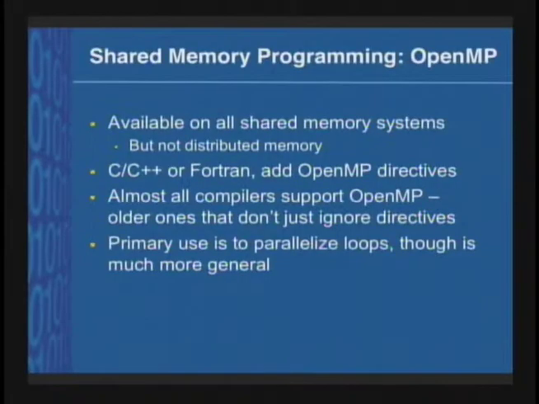Also, the primary use of OpenMP, which I'll show you in just a minute, is to do loops. Remember the picture about the parallelization and where the time is: the time is in loops or loops within loops. So that's what OpenMP concentrates on, because that's where the time is.